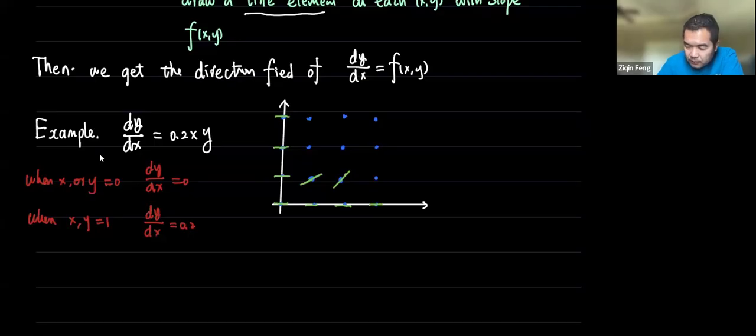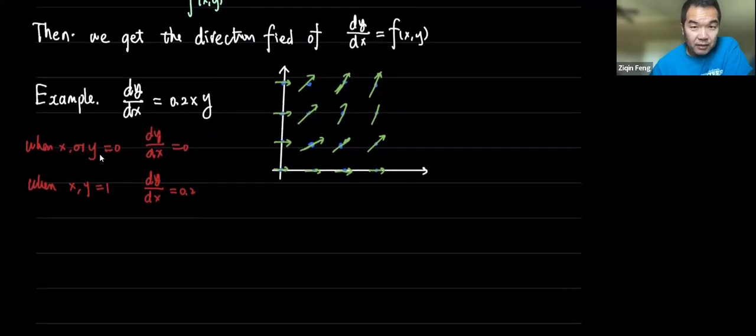By symmetry, this will be the same as that. And after that, you get even steeper here. You can put an arrow on each to show which way the solution goes in this direction. So you have some understanding of how the graph changes as x gets bigger and bigger.